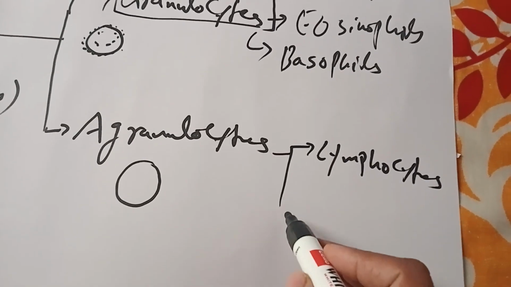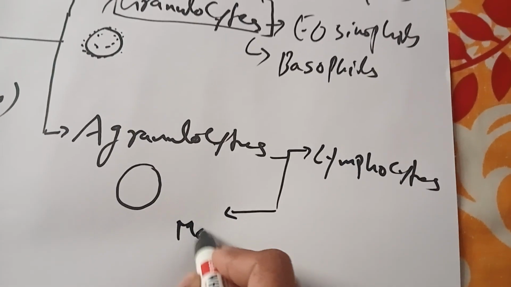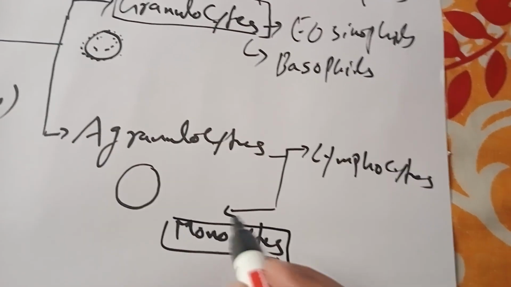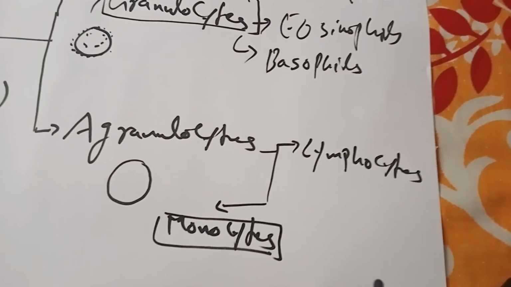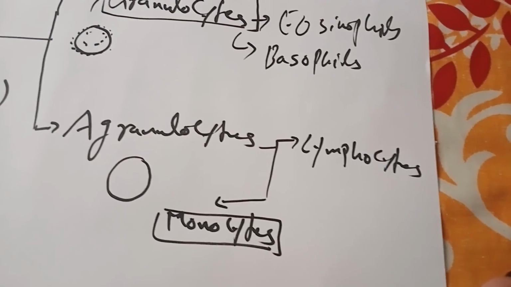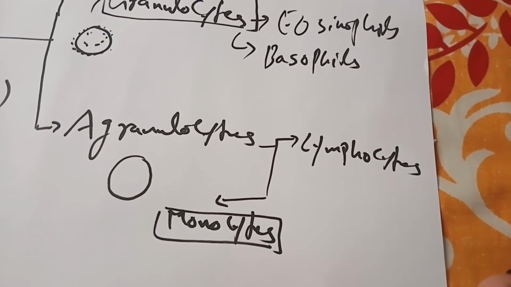Lymphocytes and monocytes have no granule-like structure on their surface, a smooth surface, so they are known as agranulocytes.